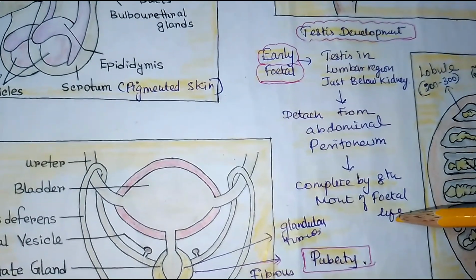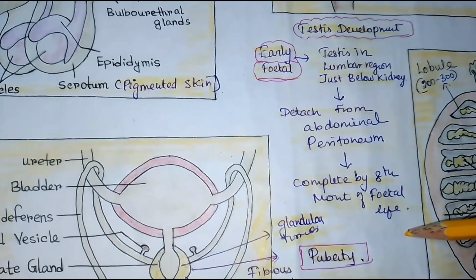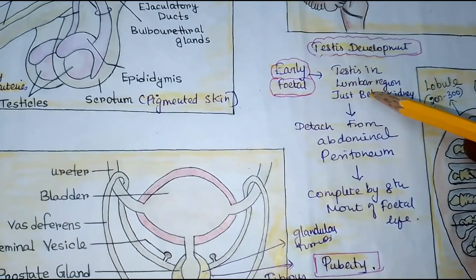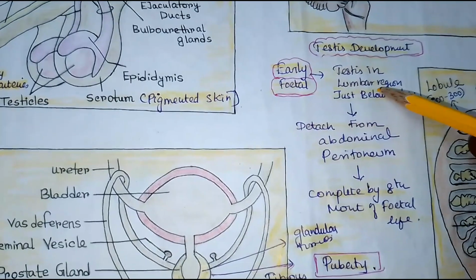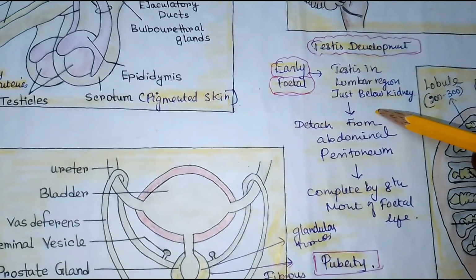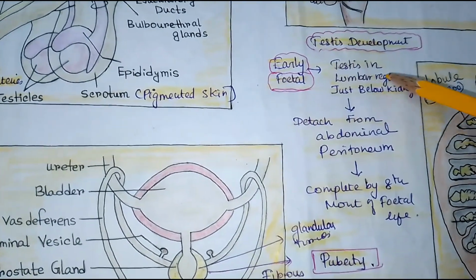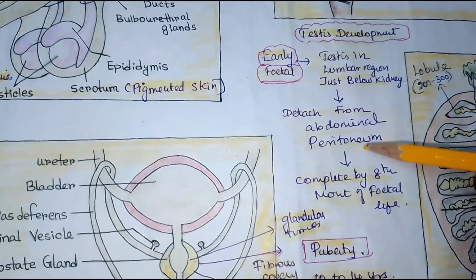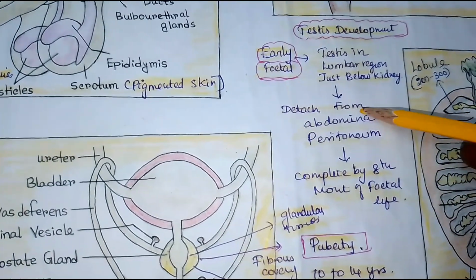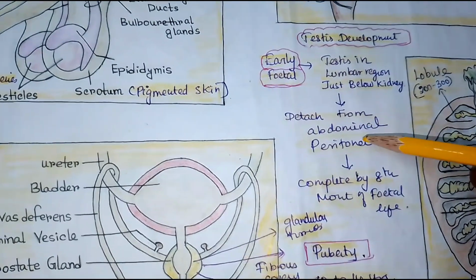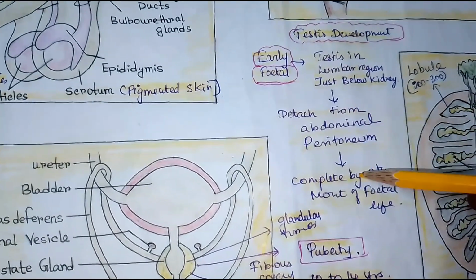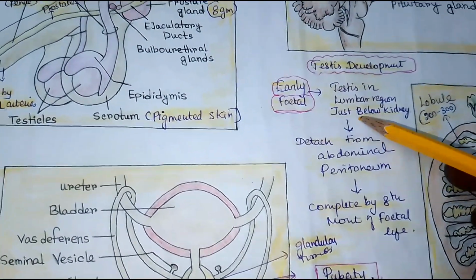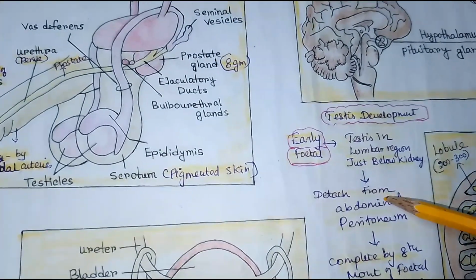The rectum is at the back, the symphysis pubis in front, and the bladder is also in front. If this process does not happen, it is called undescended testis. Some children are born with undescended testis, so you have to go for surgical correction. That is the development of the testis.